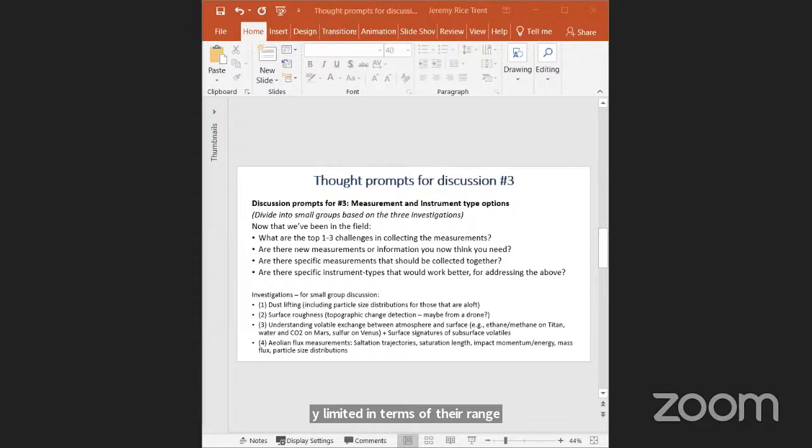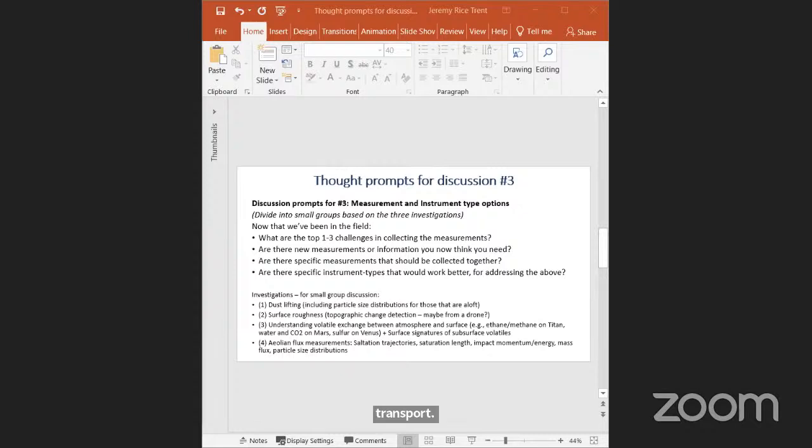And then lastly, associated with that kind of topic is the identification and assumptions of the range of roughness scales that need to be measured and how that would influence your placements of instruments, whether that's on the surface spatially, also vertically on a mast or relative to the ground, and how that may need to change over time depending on the amount of transport that's occurring and how to deal with the effects of that.